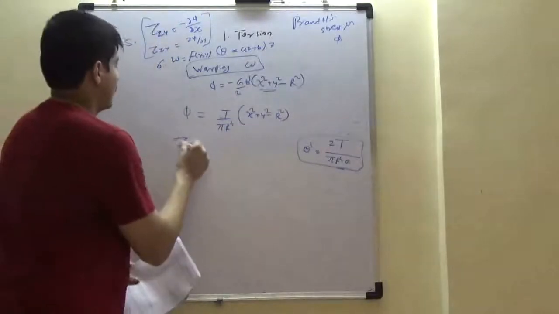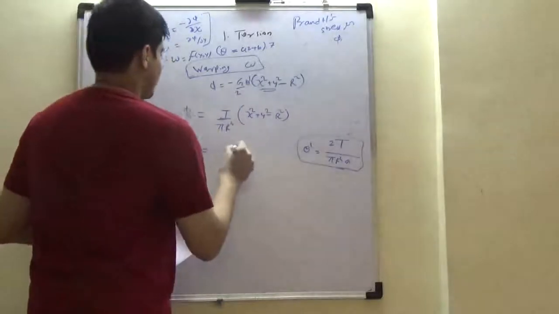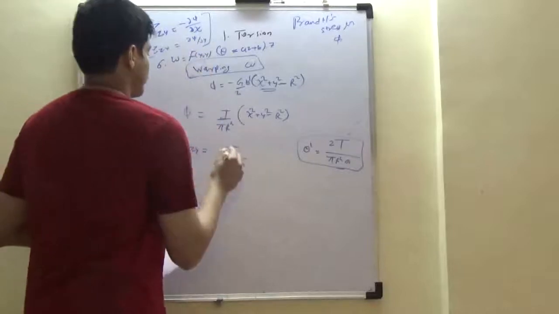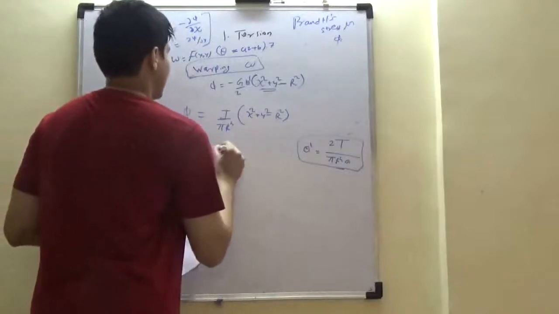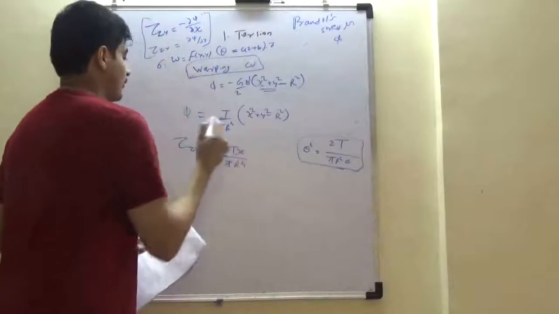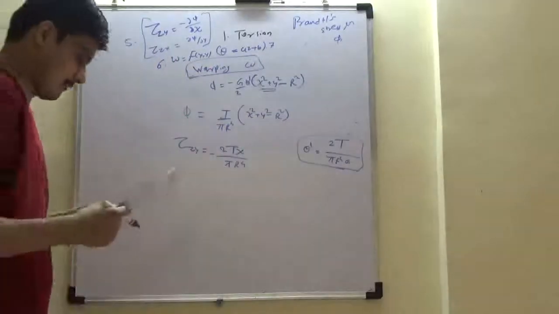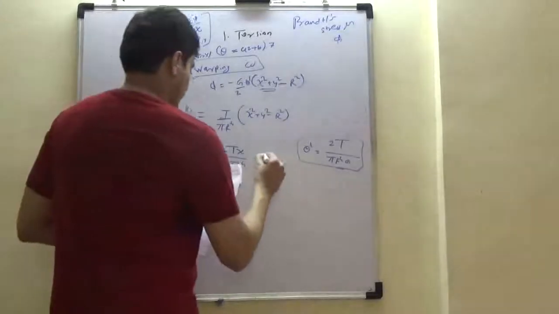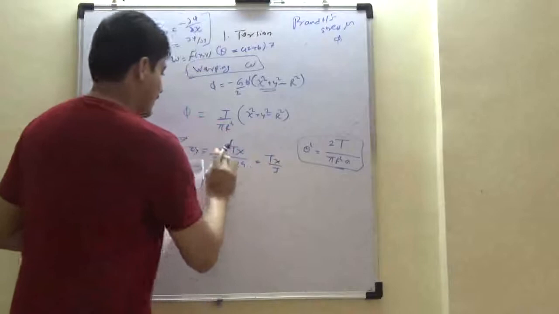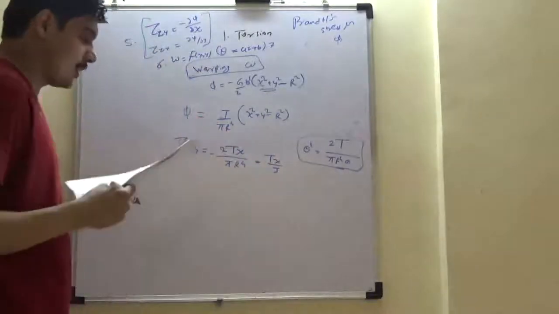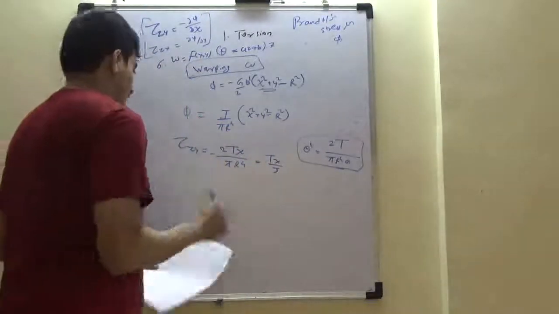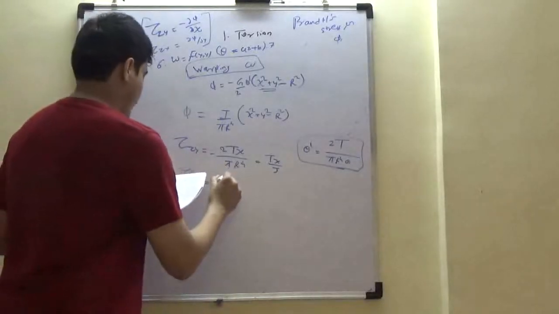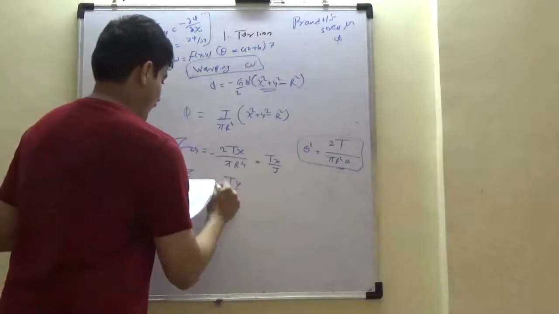Now therefore tau zy is nothing but t upon pi r raised to 4, and this is minus, so minus 2tx upon, so it is a linear variation of x, right, which can also be written as tx upon j, because pi r raised to 4 was rotational inertia, and tau zx is nothing but t upon j y.